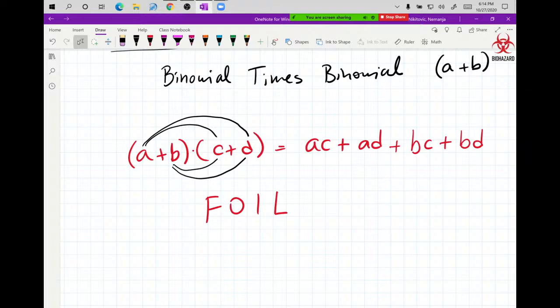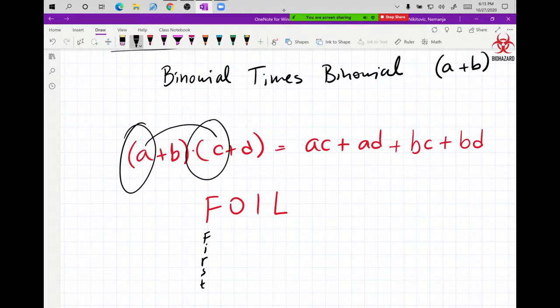Now, what does it mean, FOIL? I'm going to color code this now, and we're going to use different colors. So here in black, we're going to have first. That's what F stands for, first. Now look, a and c are first in their parentheses.